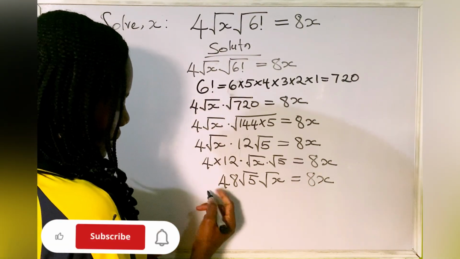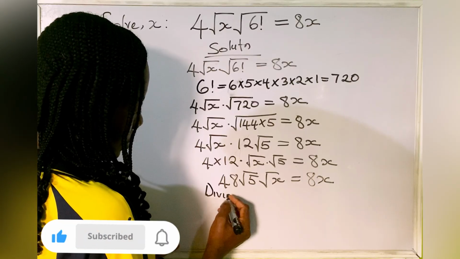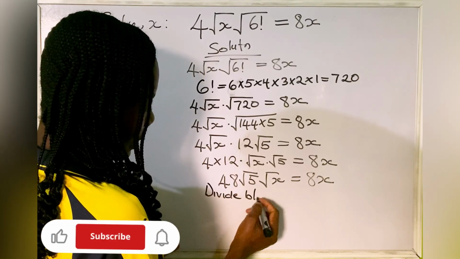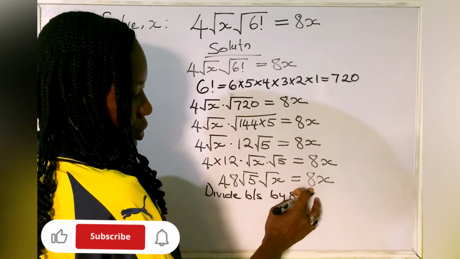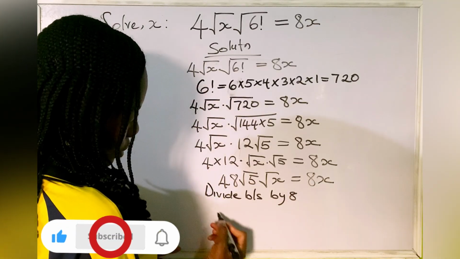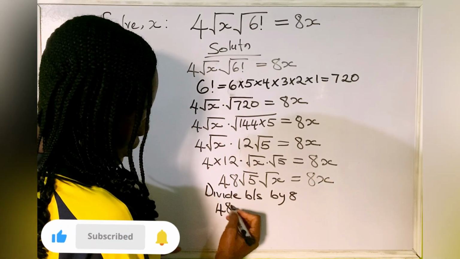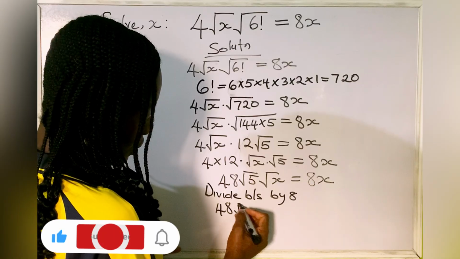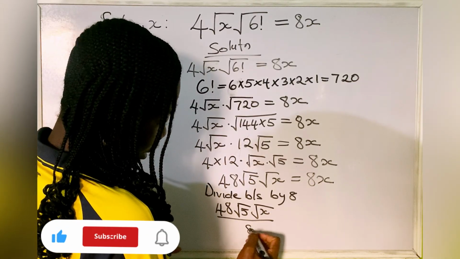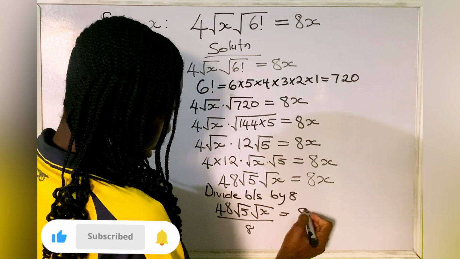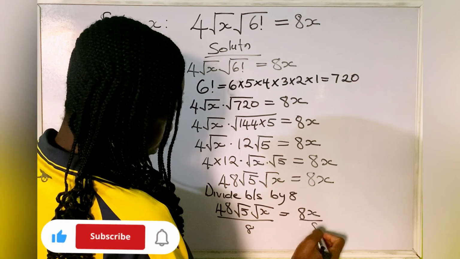We can divide both sides by 8. We're looking for the value of x. So let's divide both sides by 8. So we have 48 root 5 root x divided by 8 is equal to 8x divided by 8.